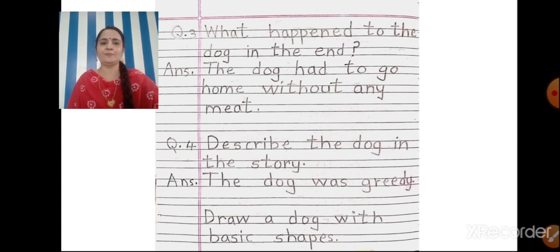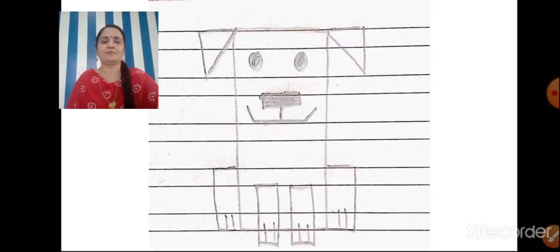Give full stop and go to the next page and draw a dog like this. First draw a standing rectangle, big standing rectangle. Then draw 2 small triangles to show its ears. Then draw 2 small circles to show its eyes. 1 small sleeping rectangle to show its nose.